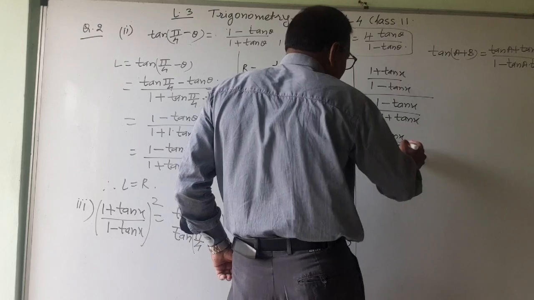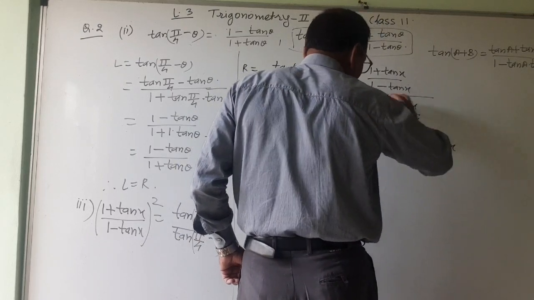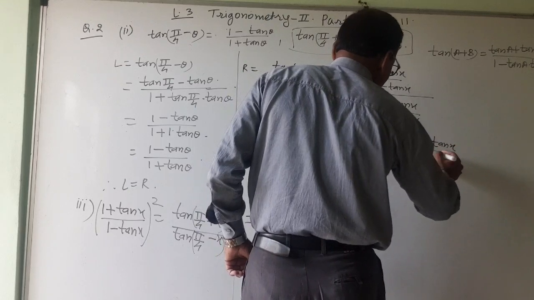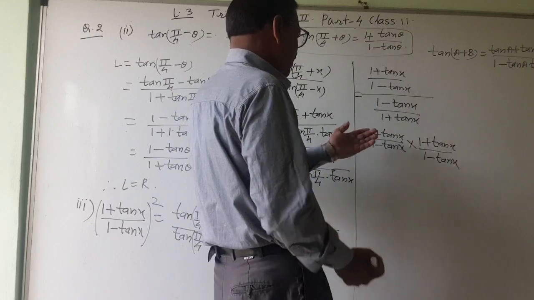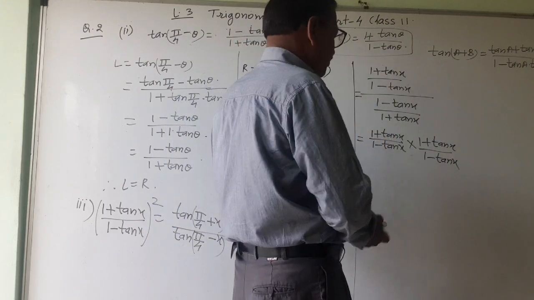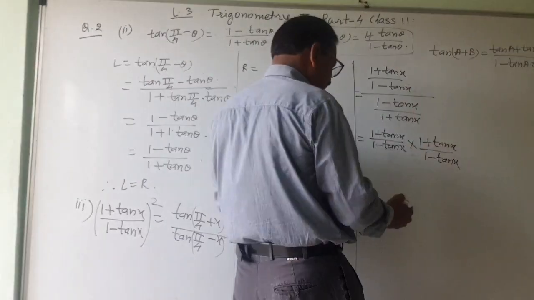Now this I am writing like this. 1 plus tan x will go up and this 1 minus tan x will come down. This is equal to, see, 1 plus tan x into 1 plus tan x is 1 plus tan x bracket square. 1 minus tan x into 1 minus tan x is 1 minus tan x bracket square.